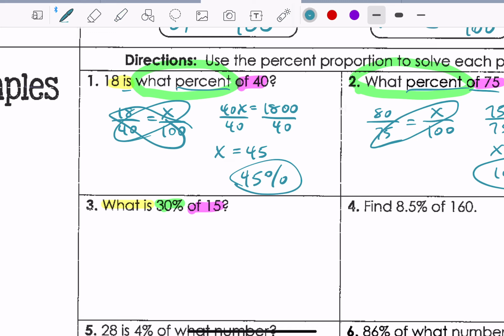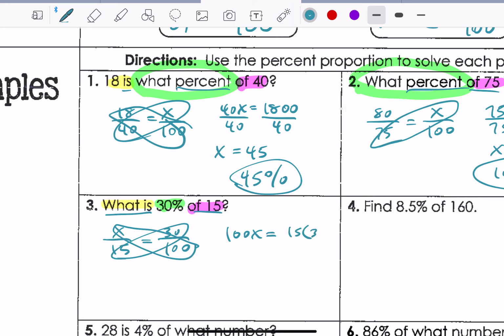So when I go to write it out, my is is x, because they asked what is. My of is 15, and I do have a percent, so 30 over 100. So I'm going to set this up. I get 100x equals 15 times 30.